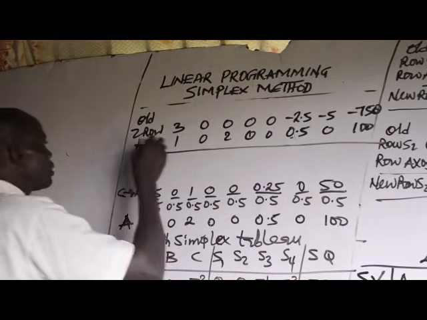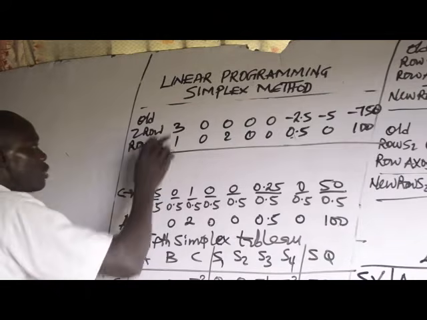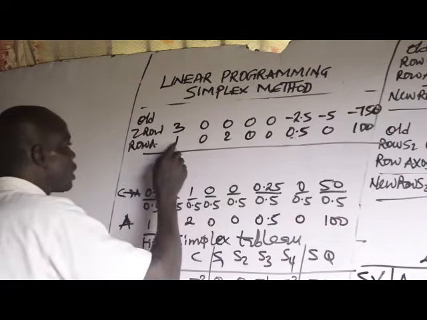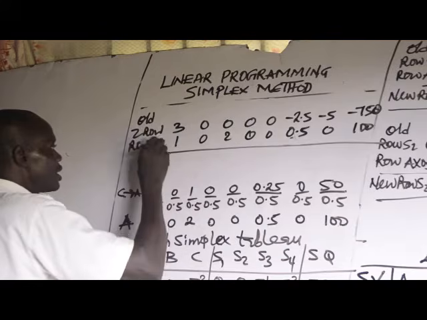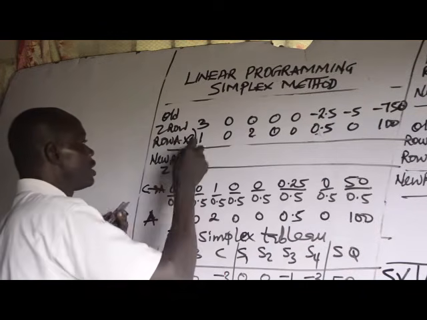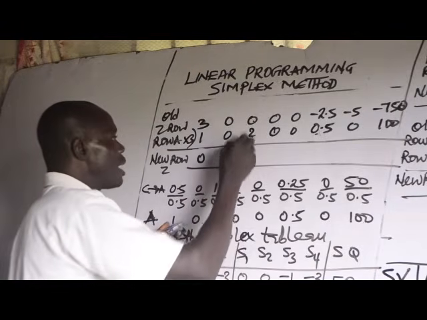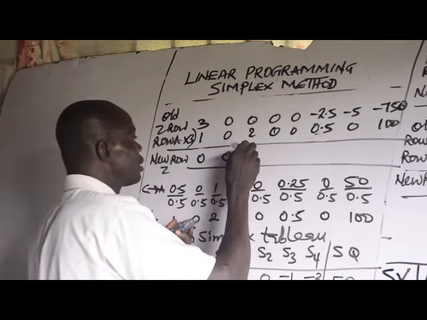Our target is to turn this column to 0. For this to be 0, you have to multiply this by 3. 3 times 1, that will be 3. 3 minus 3 is 0. This will be 0. 3 times 2, 6. 0 minus 6, that will be minus 6.